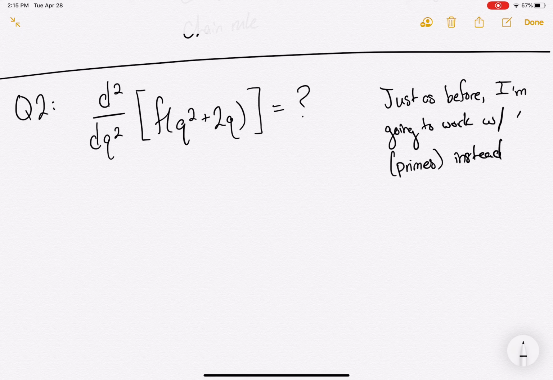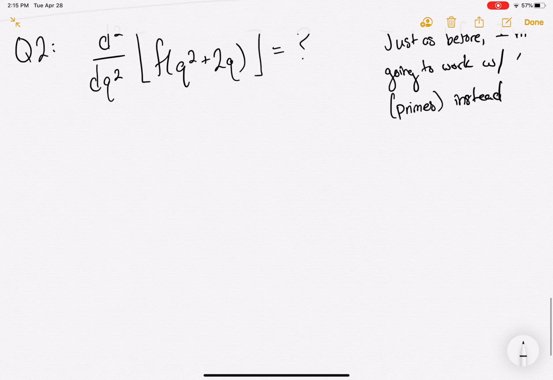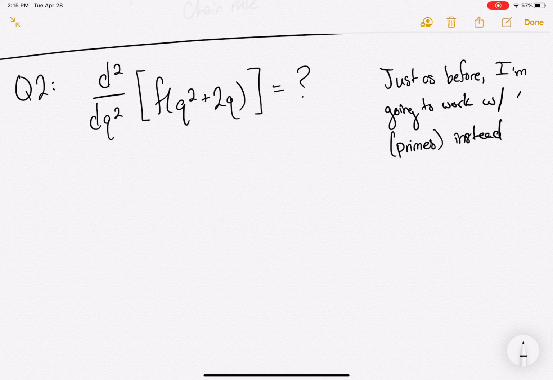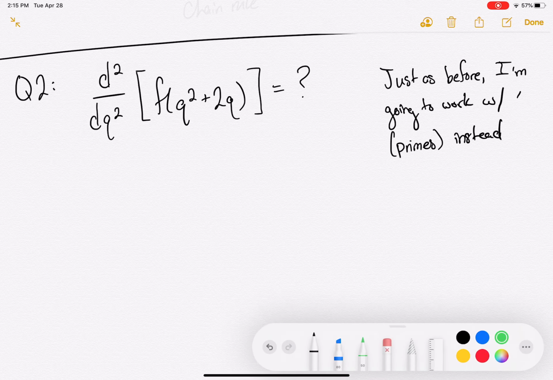So I like working with primes. I think they're a bit clearer. So this is not too difficult, or at least I don't think so. Maybe you will think so. What rules will we have to use?